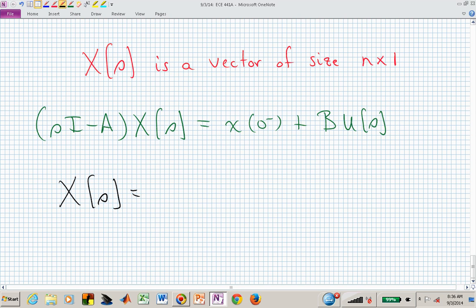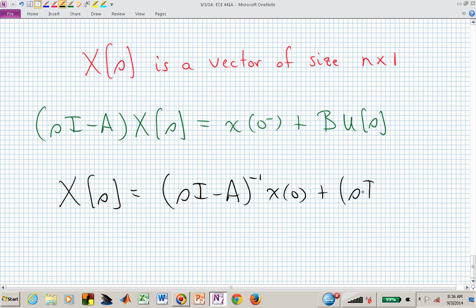If that's now a matrix, we can't just divide by that. We have to multiply by the inverse to isolate capital X of s, which says that we now have (sI minus A) inverse X of 0 minus plus (sI minus A) inverse B U of s.